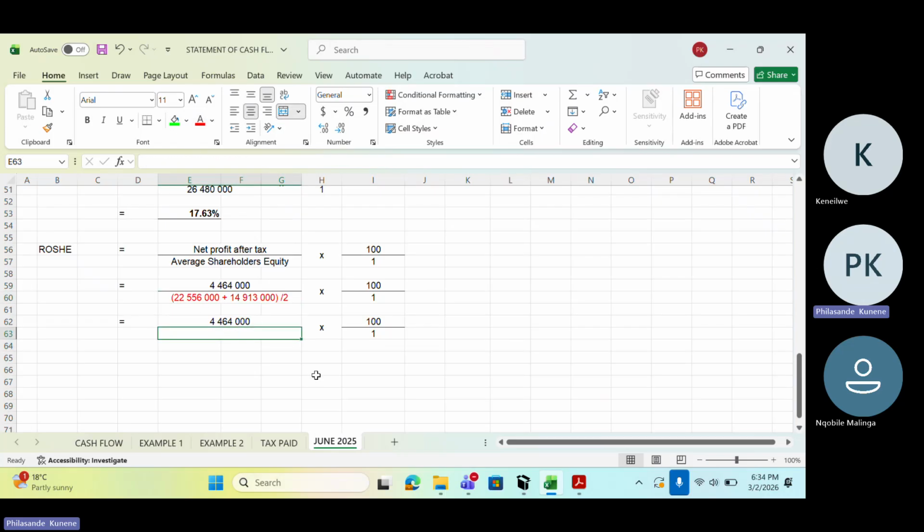How much do we get for the denominator here? Because I'm going to bring down the 4 million, but in terms of the denominator, what is this average? If we punch the calculator, how much are we getting, the average? 17,734,500.